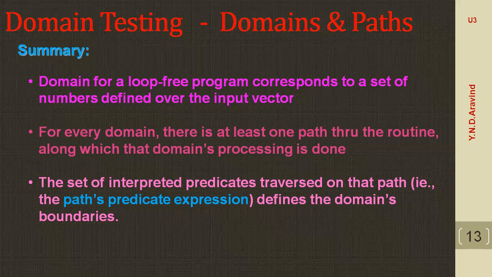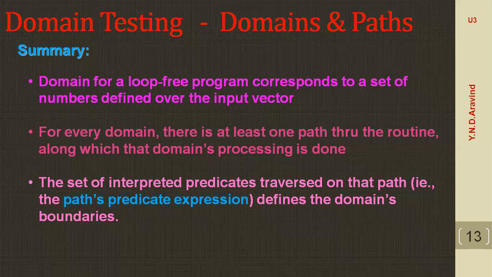Domains are usually defined by many boundary segments and therefore by many predicates. That is the set of interpreted predicates traversed on the path. That is the path predicate expression, which defines the domain boundaries.